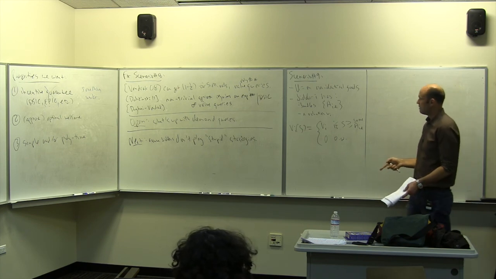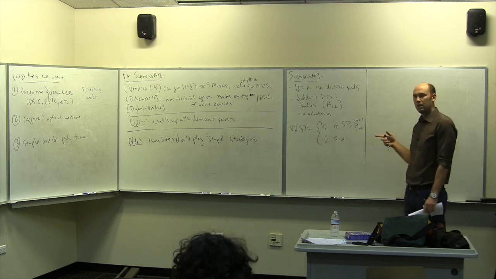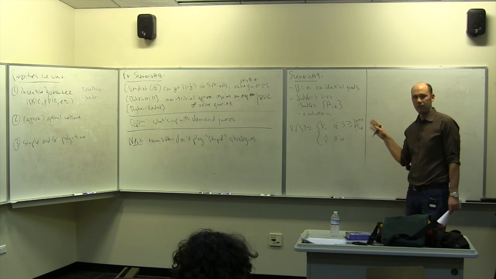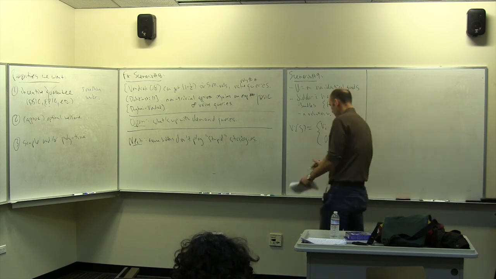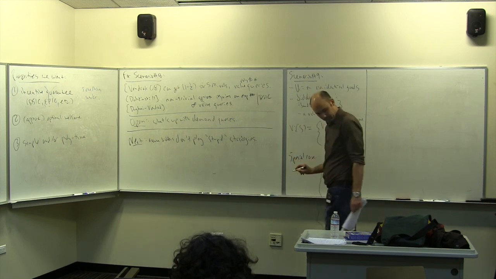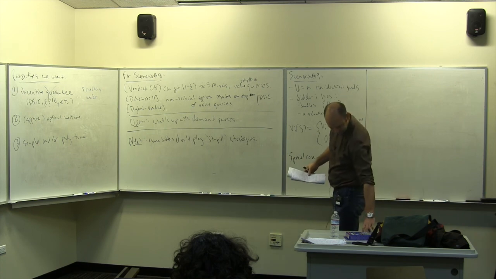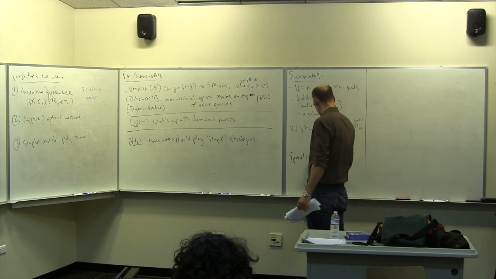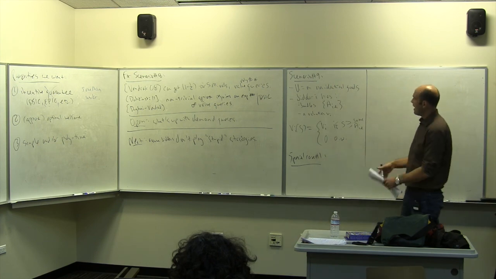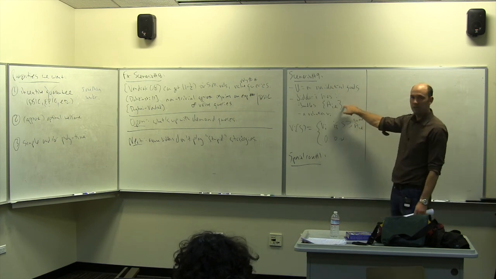So let me develop your intuition by mentioning 2 special cases that can be solved by DSIC mechanisms. And you may have even done these on homework last quarter. I don't actually remember. So special case number 1 is if I also tell you what these bundles are.